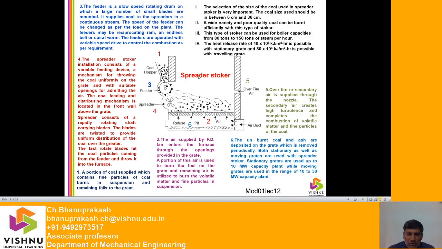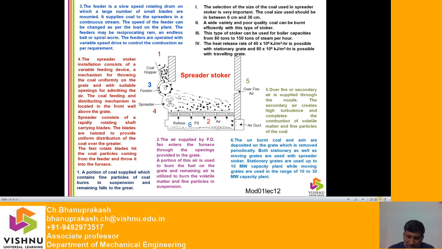This is the neat sketch of a spreader stoker. See here, a portion of coal supplied which contains fine particles of coal burns in suspension and the remaining falls on the grate.